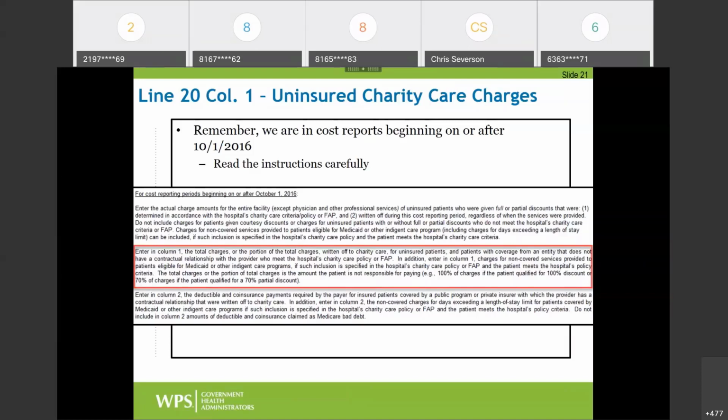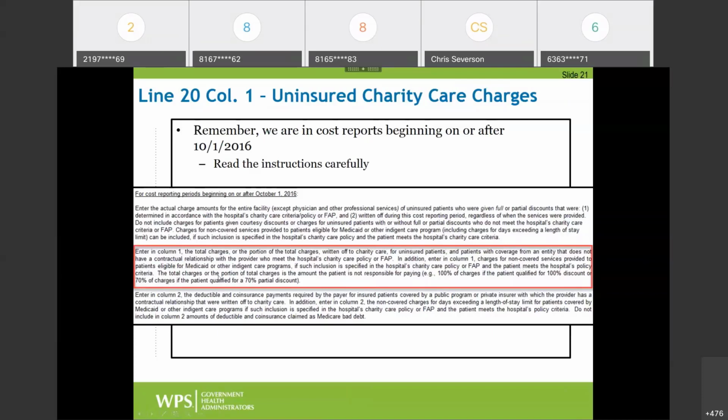Medicare doesn't put any more stringent criteria, but they do say your policy needs to address it and needs to allow it. In addition, enter in column 1 charges for non-covered services, so keyword non-covered, provided to patients eligible for Medicaid or other indigent care programs if such inclusion is specified in your charity care policy and the patient meets your policy.